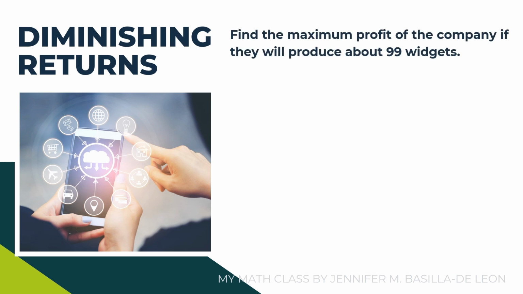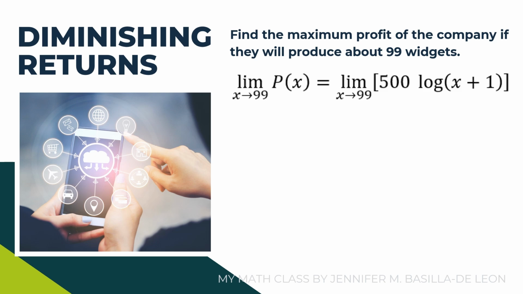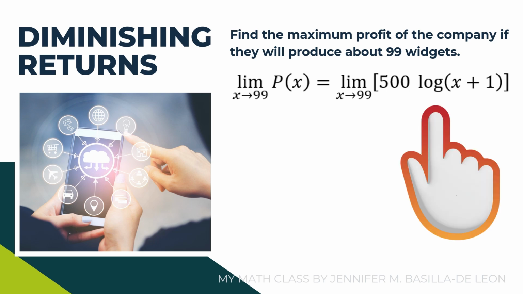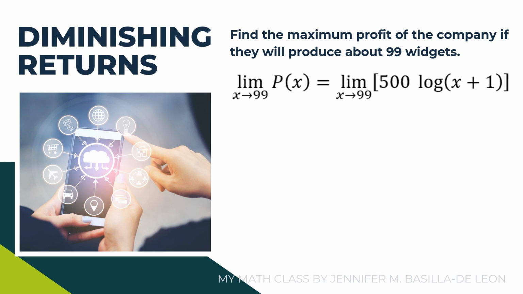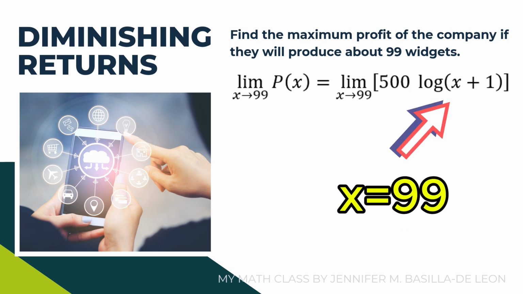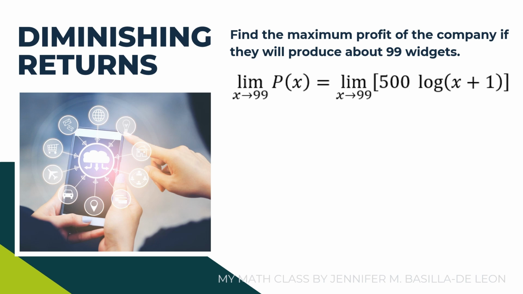To find the company's profit if they produce about 99 widgets, we use the limit of p of x as x approaches 99. That is the limit of 500 times the logarithm of x plus 1 as x approaches 99. Substituting x equals 99 into the function, we will have 500 times the logarithm of 99 plus 1.